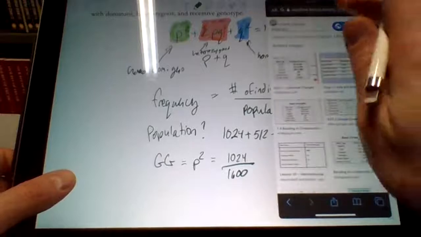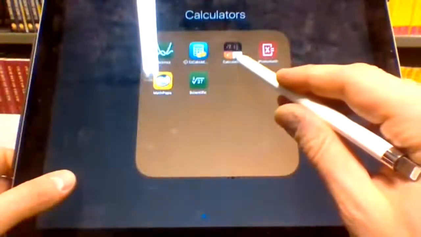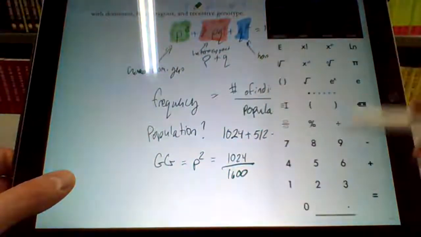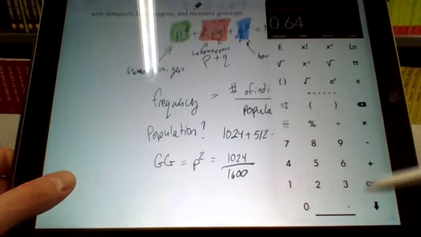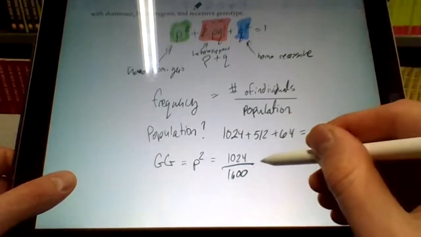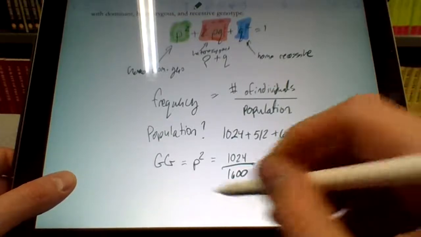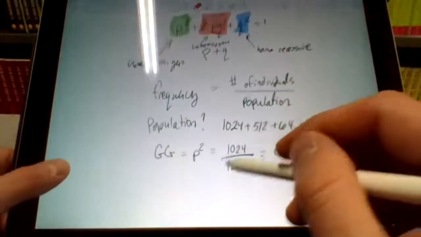So what do I want to do here? I want a calculator. 1,024 divided by 1,600 is 0.64, or 64%. Maybe we'll switch pens to match our color notation here.